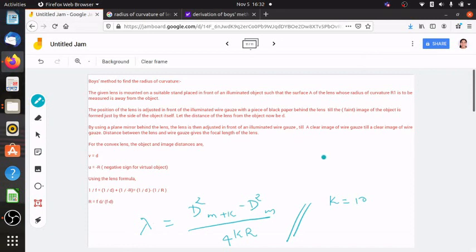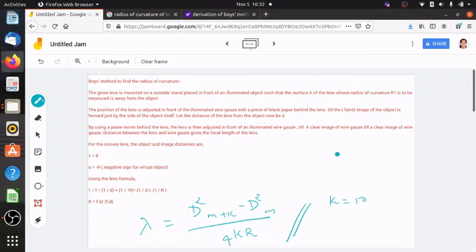Then the equation of the radius of the mth ring will be modified as rm square is equal to m r lambda by n, where n is the refractive index of the liquid.